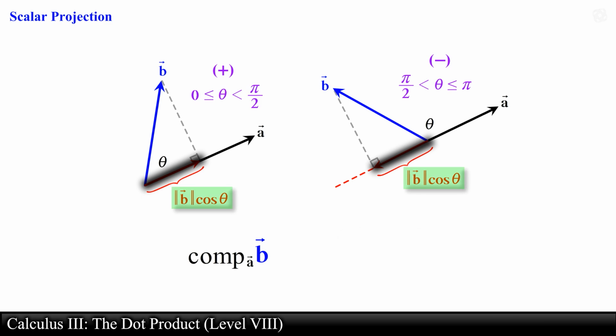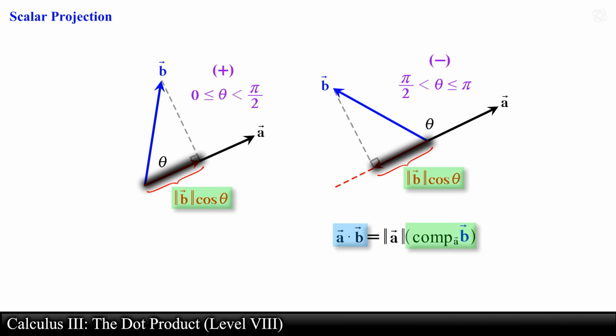Notice that this quantity appears in the geometric definition of the dot product. Using this expression, we see that the dot product between vector A and vector B can be interpreted as the length of vector A times the scalar projection of vector B onto vector A.